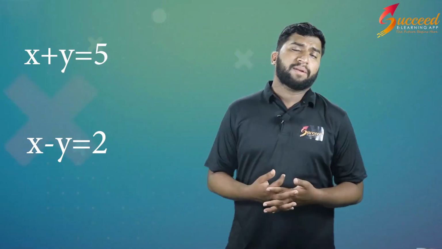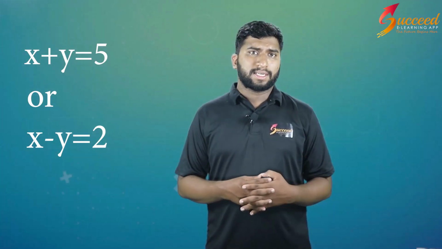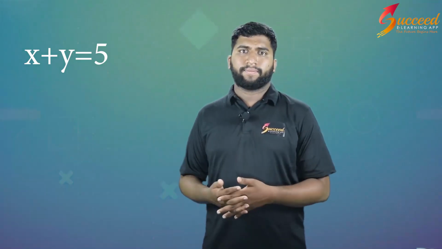In this substitution method, you need to consider any one of these two equations, whether x plus y is equal to 5 or x minus y is equal to 2. So we shall consider the equation x plus y is equal to 5. Here we shall find the y value.